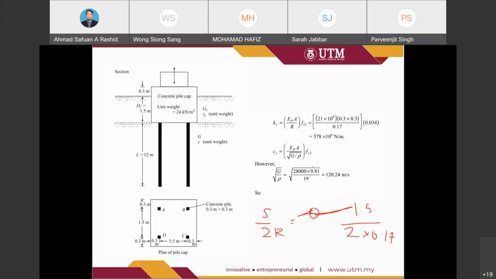At the same time, we have the L over 2R. In our case, the L is equal to 12, and 2R is equal to 2 times 0.17.